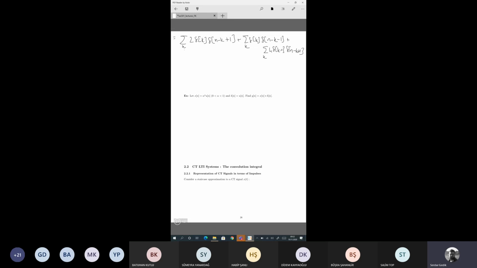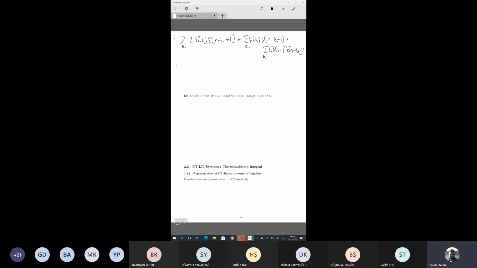So if I expand the terms, I have 2 times impulse of k. I have summation k from minus infinity to plus infinity, 2 impulse of k, impulse of n minus k plus 1, plus summation again k from minus infinity to plus infinity, impulse of k, impulse of n minus k minus 1, plus 4 times again the summation k from minus infinity to plus infinity, impulse of k minus 1, impulse of n minus k plus 1.